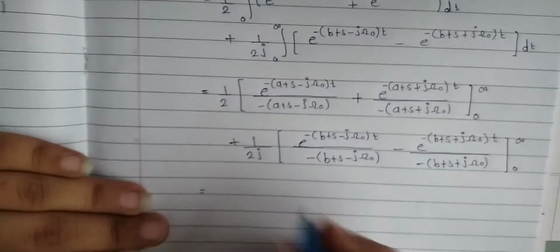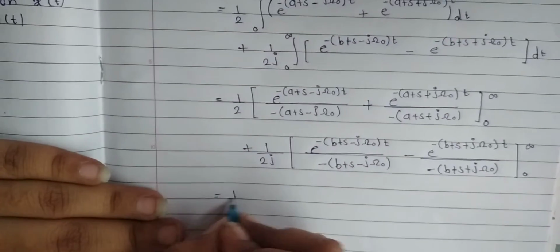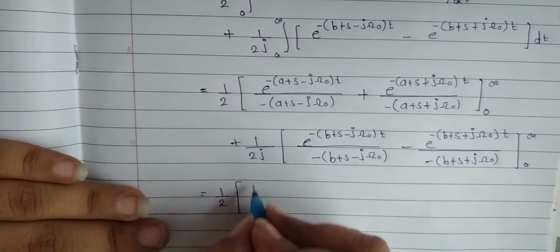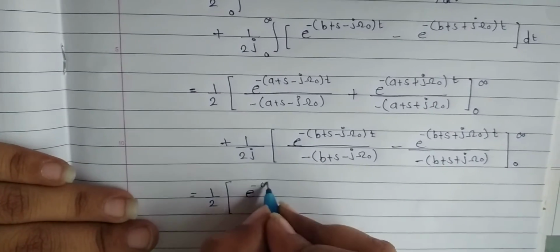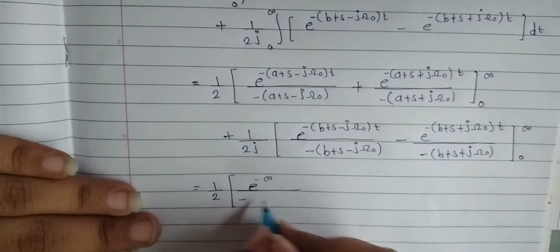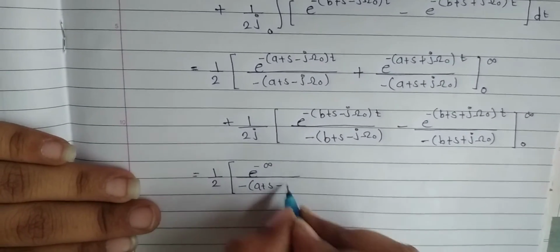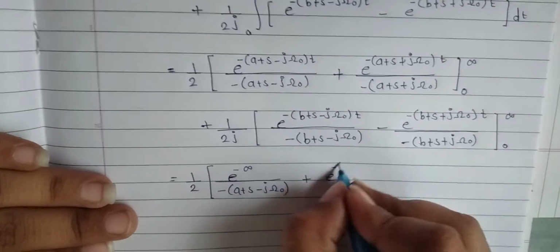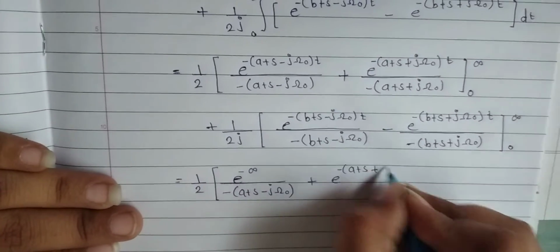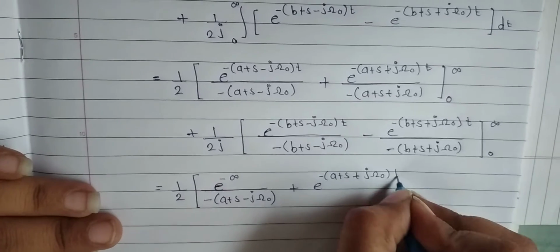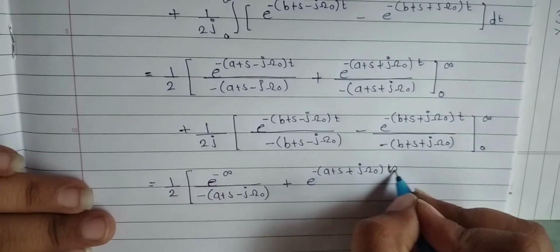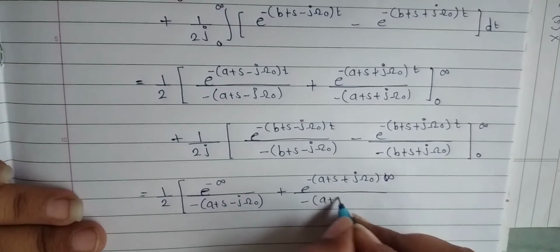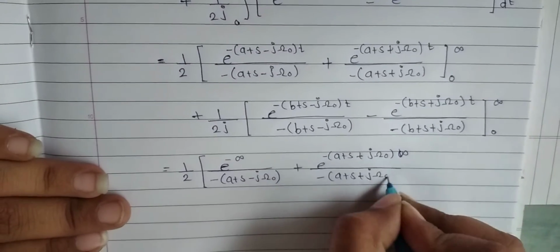Now I substitute the upper limit first and then the lower limit. So substituting the upper limit, it becomes e raised to minus infinity divided by minus of (a plus s minus j omega naught) plus e raised to minus of (a plus s plus j omega naught) into infinity divided by minus of (a plus s plus j omega naught).